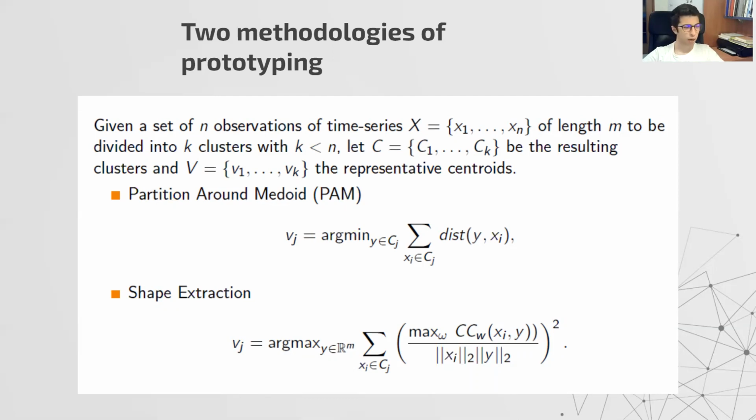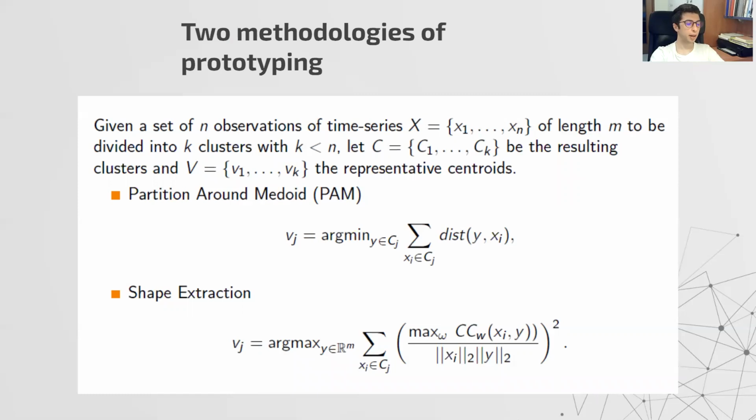Because we are considering the element that minimizes the dissimilarity, so it has to be as similar as possible to all the other elements, but the other elements are not only the ones contained in the Cj cluster, but all of R^m.